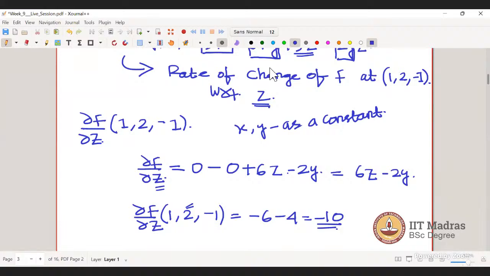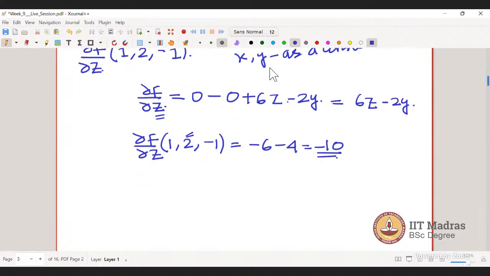If you do it roundabout and somebody arrives at this, it will be the same as that, right? If you follow the definition, then obviously you will get this result. Yes, certainly they will match.